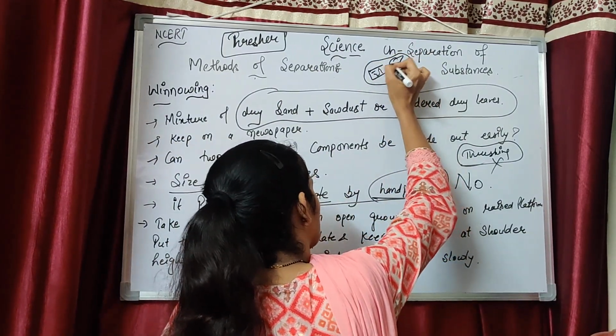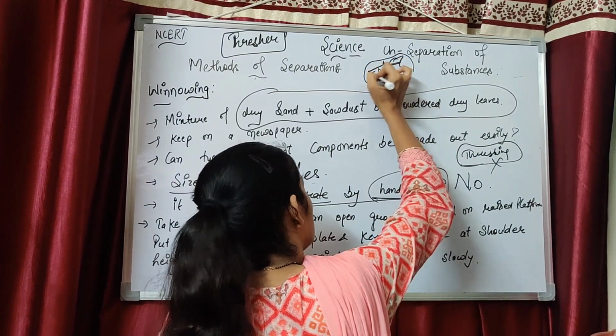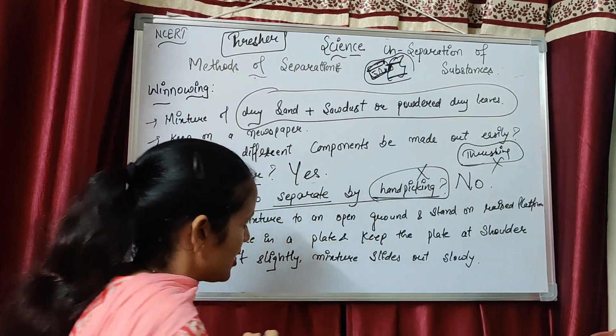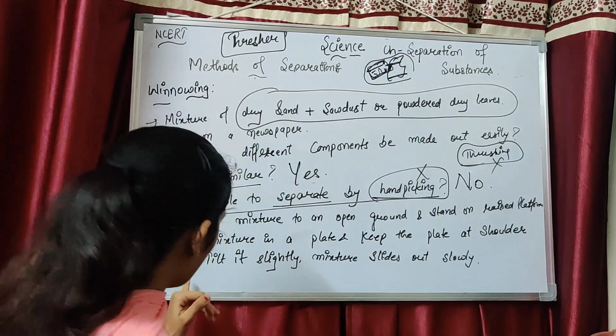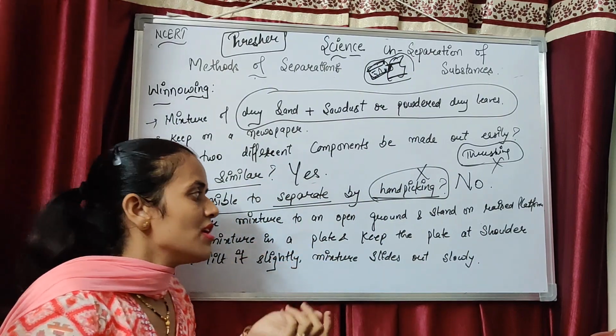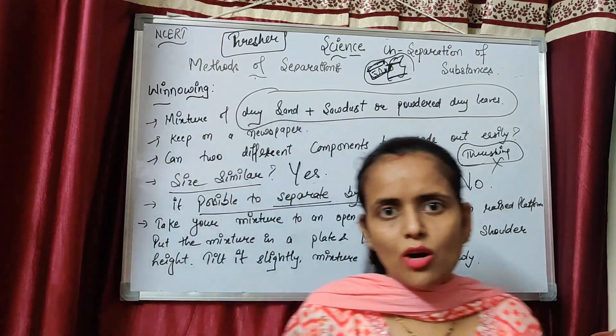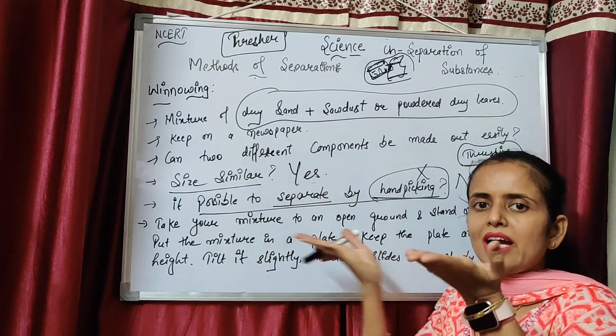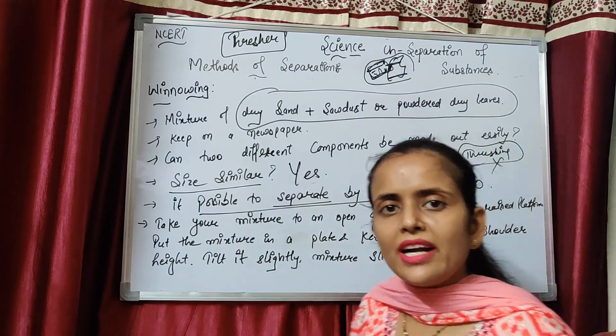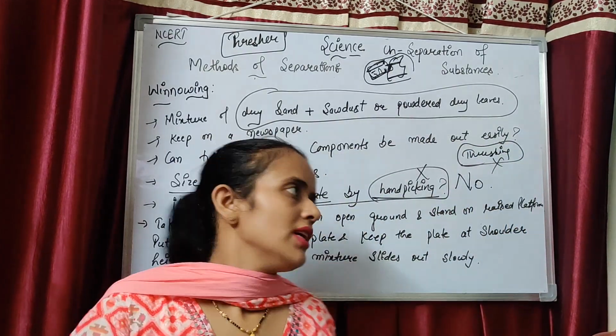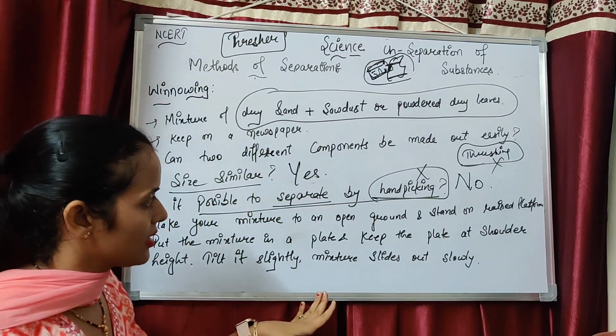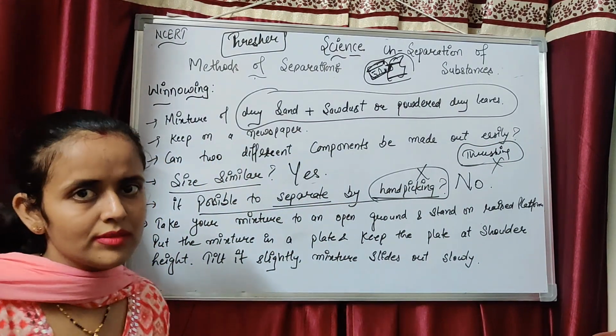Keep your plate at shoulder height, full of the mixture. Tilt it slightly, and the mixture will slide out slowly from your plate. Clear? Clear up to here? Okay, take a look.